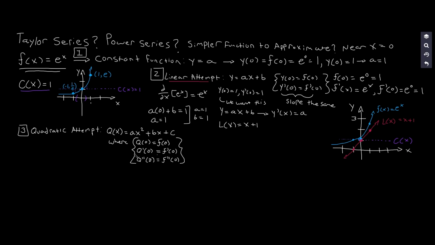Now, what's really going on here? Well, we got q of x equals a times x raised to the second power plus b times x raised to the first power, plus c.